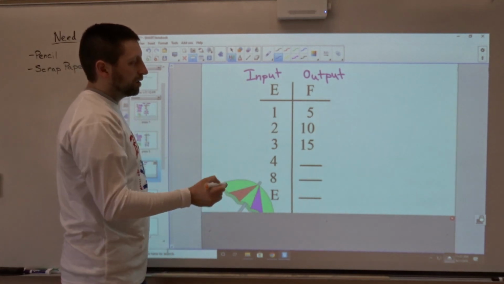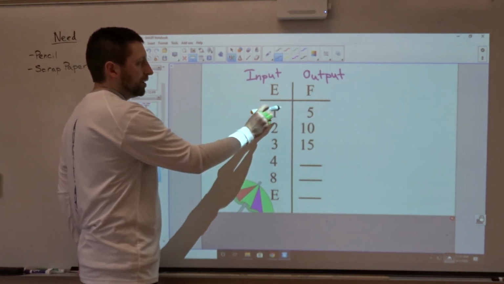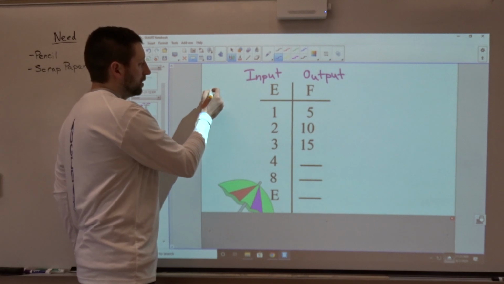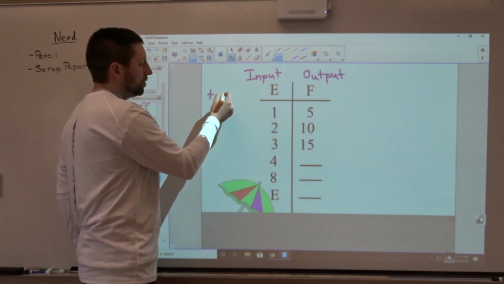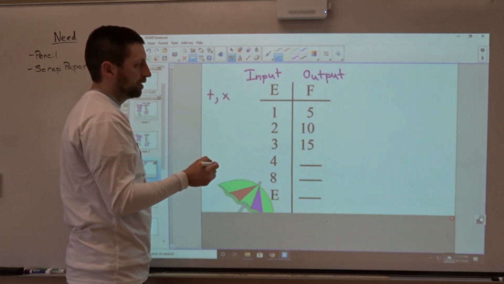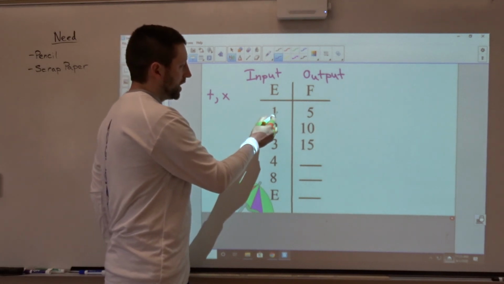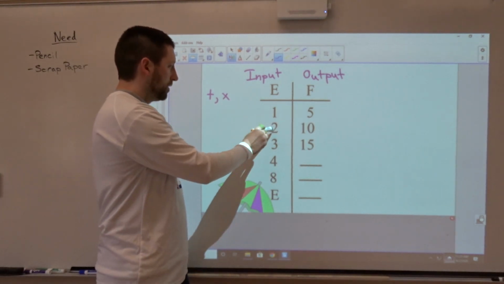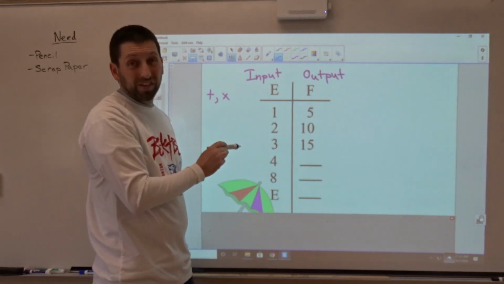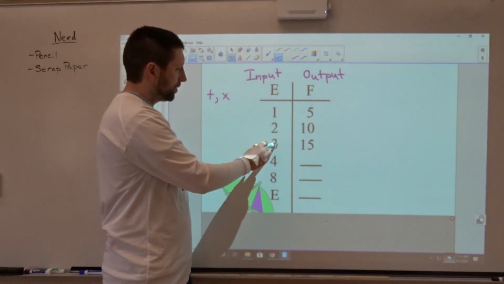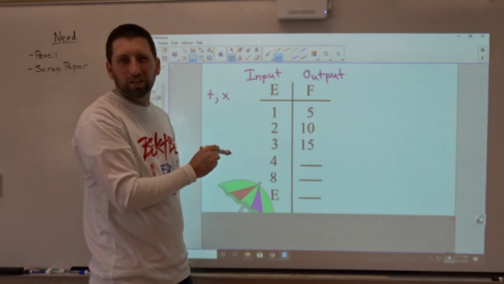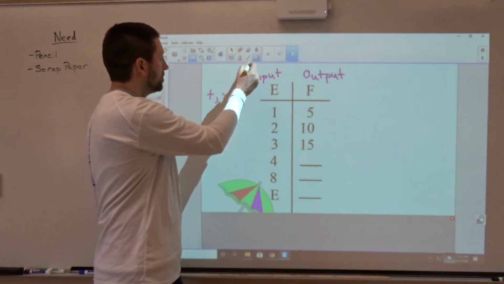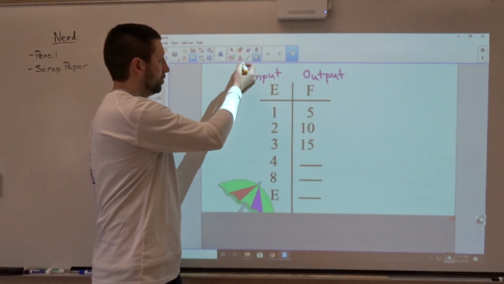So when they are all increasing as we go from the input to the output, we know it's adding or multiplying. Well, if I try to add to get from 1 to 5, I know that that's a difference of 4. If I go from 2 to 10, that's a difference of 8. If I go from 3 to 15, that's a difference of 12. It doesn't work to add. So this one is actually a multiplying rule.